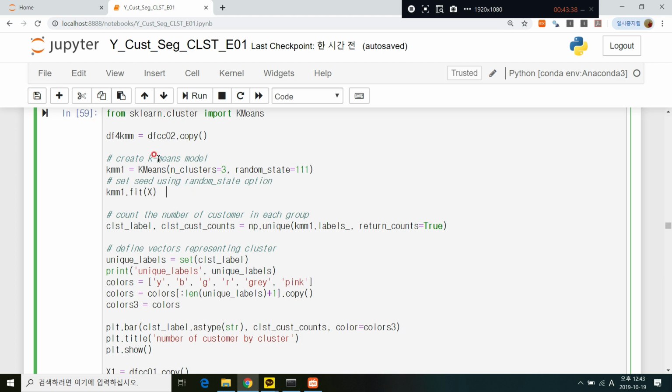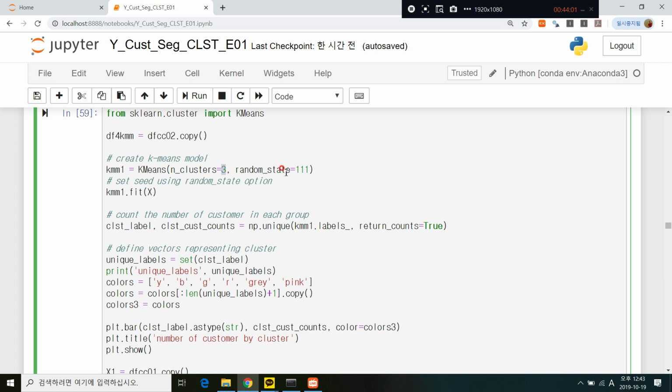And then we run the model using the k-means function, and we define the number of clusters. While using k-means, you have to set the number of clusters you want to get.